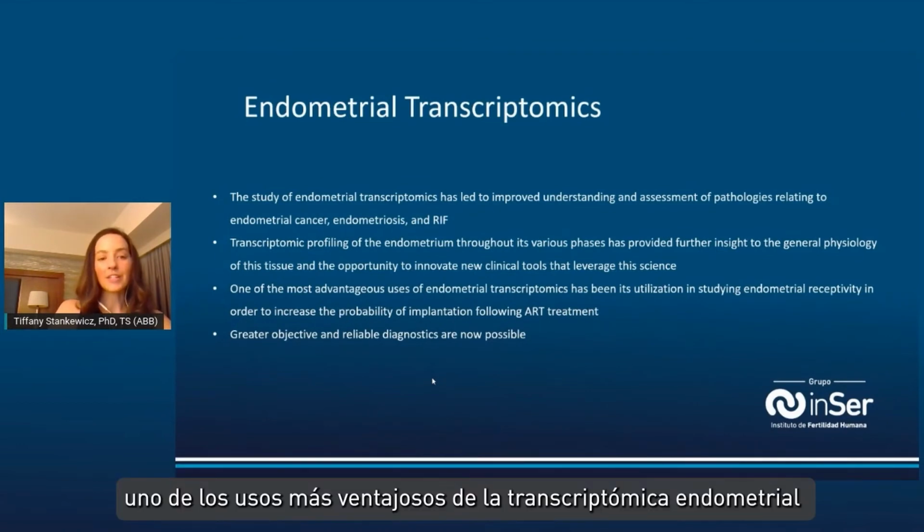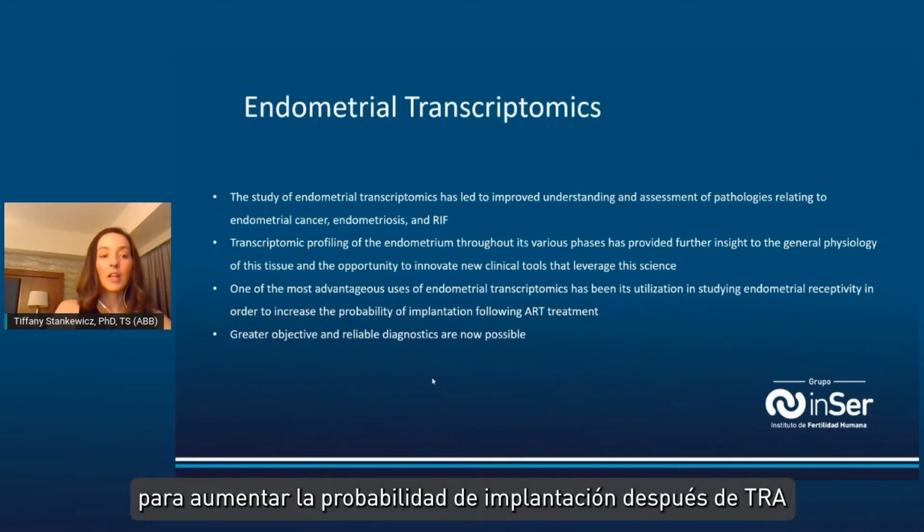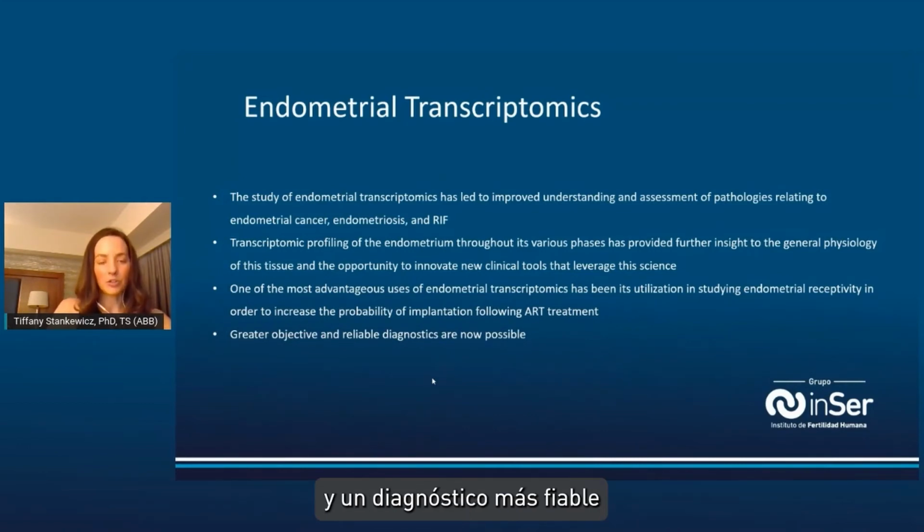One of the most advantageous uses of endometrial transcriptomics has been the utilization of studying endometrial receptivity in order to increase the probability of implantation following ART. Transcriptomics in general allows for greater objectivity and a more reliable diagnosis.